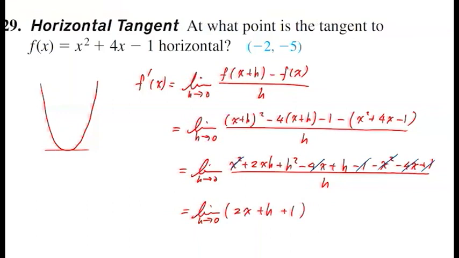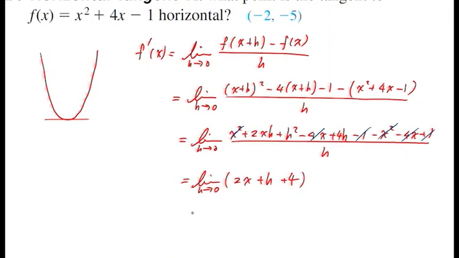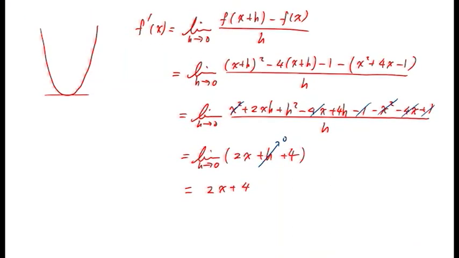Oh yeah, I missed that 4. I missed the 4 right here. Okay, good. So for a second, we're back. And of course, h dies. And this is my notation. You don't have to write it. Right, this is the slope.